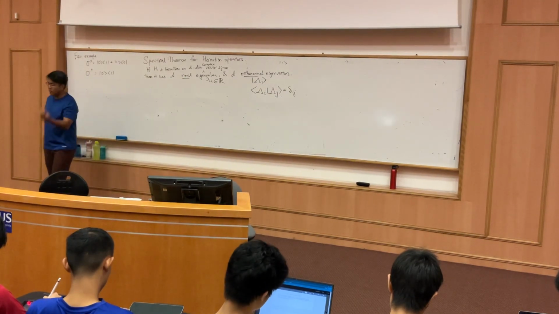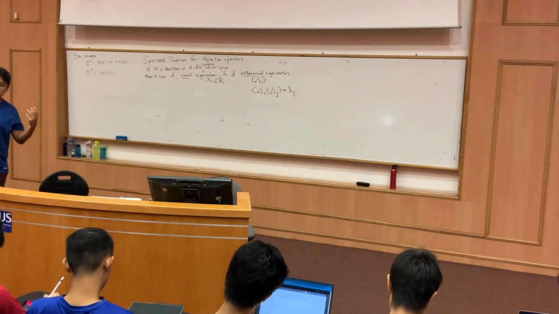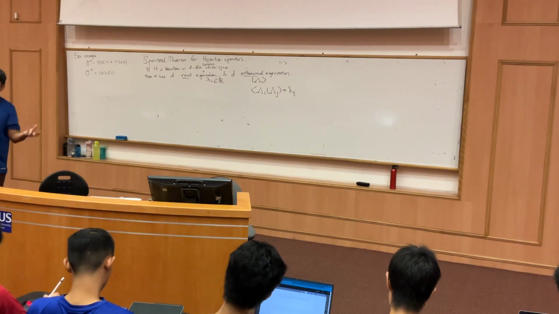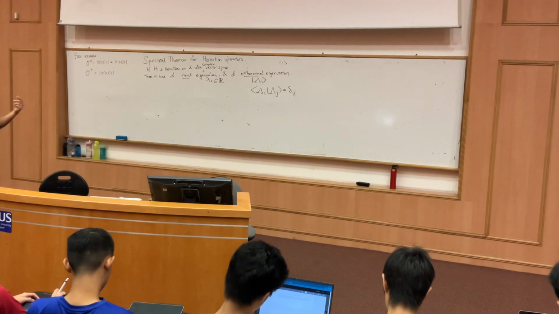This is a very powerful fact because it guarantees you a condition. It allows you to determine when a matrix is fully diagonalizable by only checking whether it's Hermitian or not. As long as you can see it's Hermitian, then it has this.